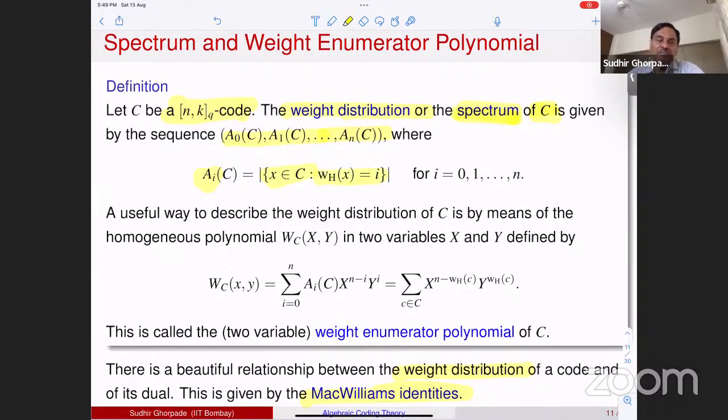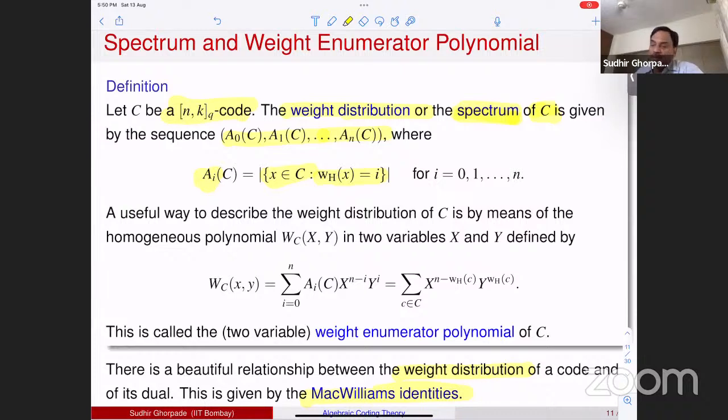The Hamming weight of any word will be some number between 0 and n. It will be 0 exactly when x is the 0 vector. Otherwise, it is 1 or 2 or 3 or n. Maybe n is some huge number, a million. And you want to know for which weights there are code words of that weight.